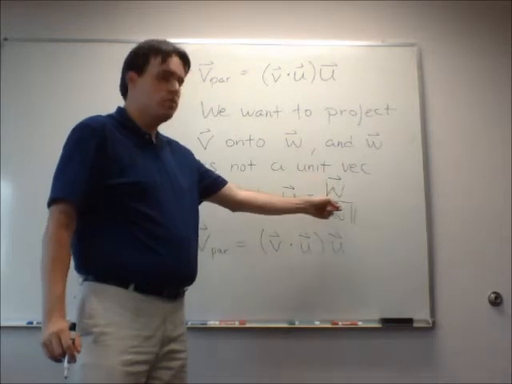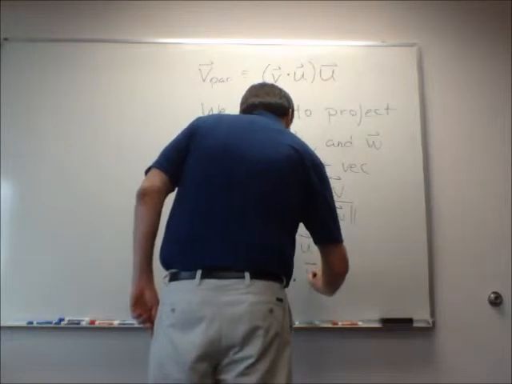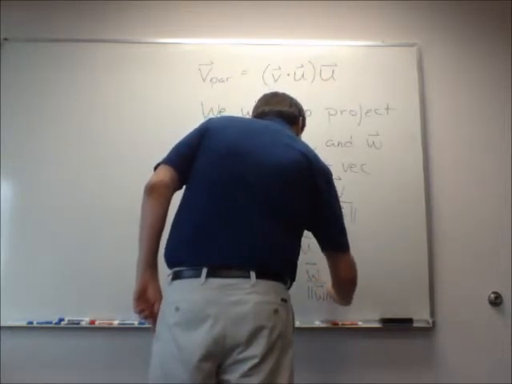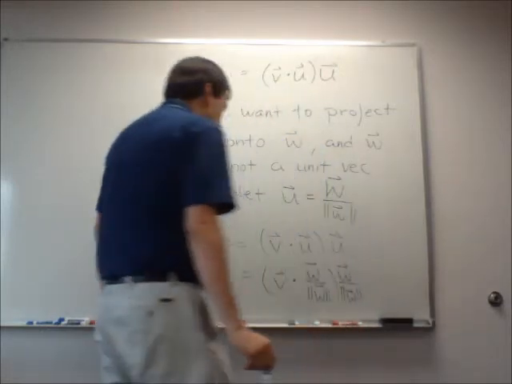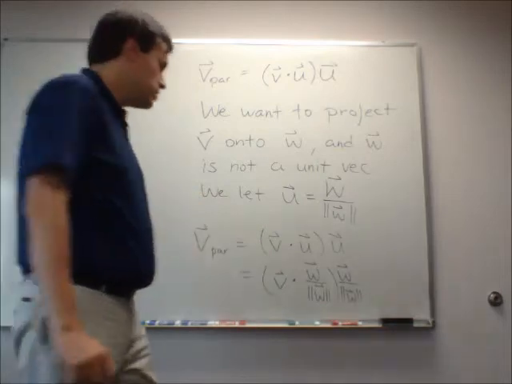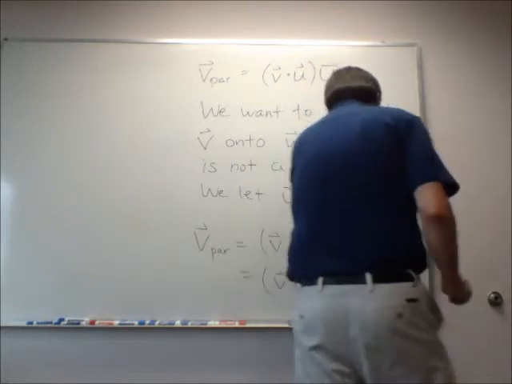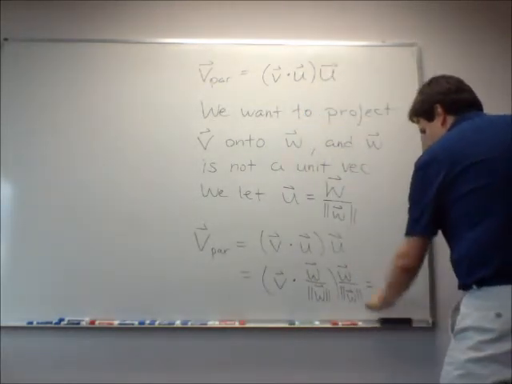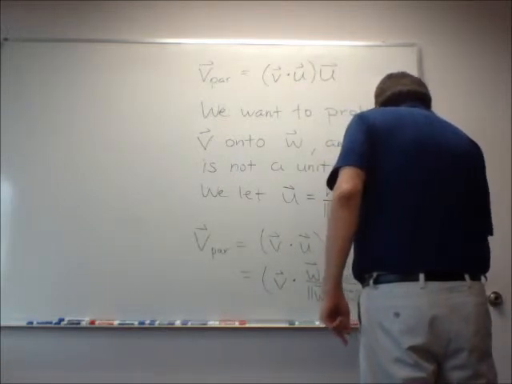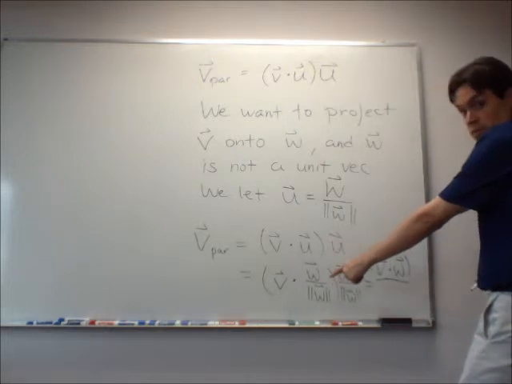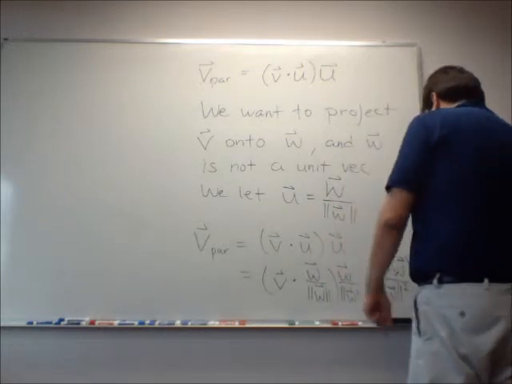But u is equal to w over the magnitude of w, so this is equal to v dot w over magnitude of w times w over magnitude of w. But now that can be simplified to, let me try that again, v dot w over the magnitude of w squared times w.